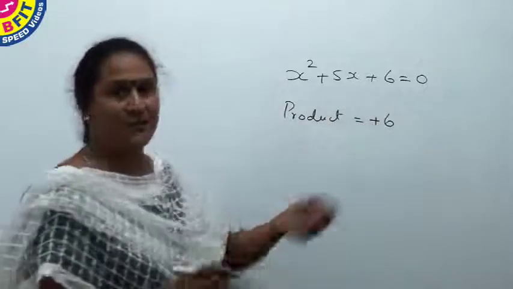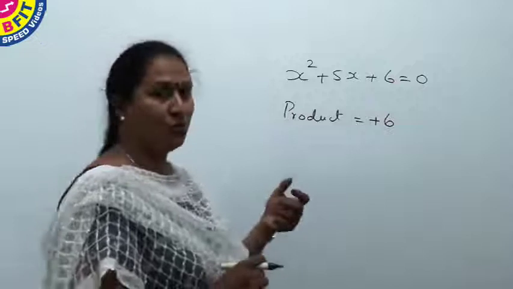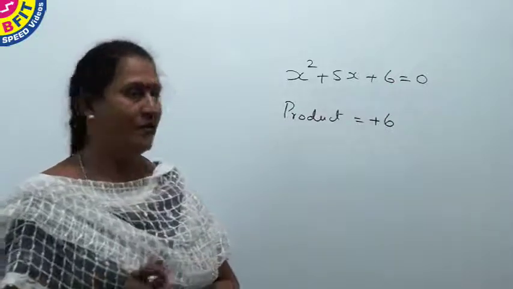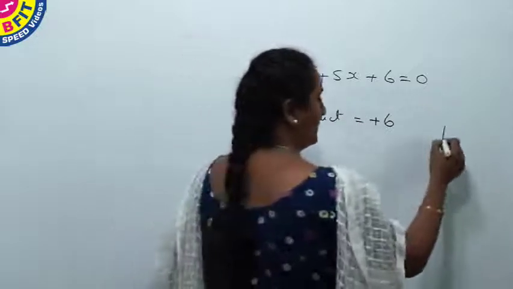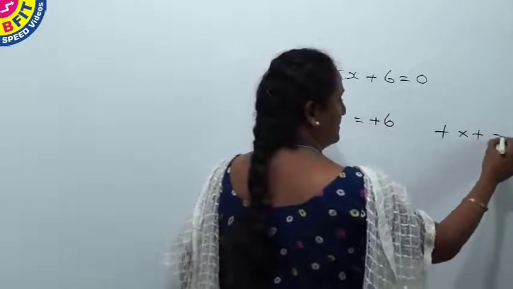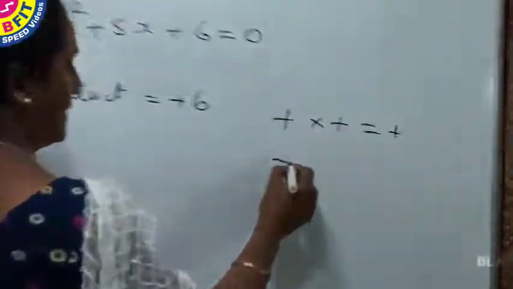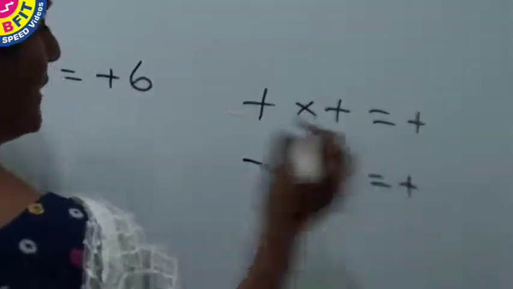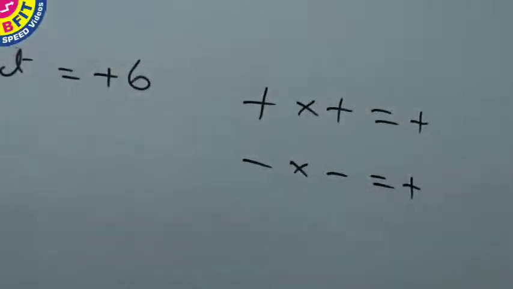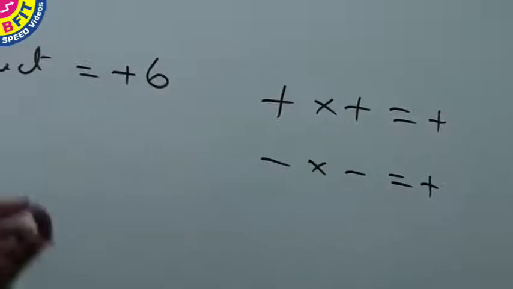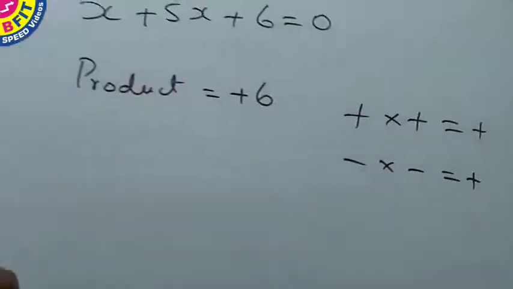When product is positive, it means that the two numbers which you choose can be either both plus or both minus, because plus into plus you get the plus symbol, and minus into minus also you get the plus symbol. As both numbers have the same sign, sum of those two numbers should be 5.